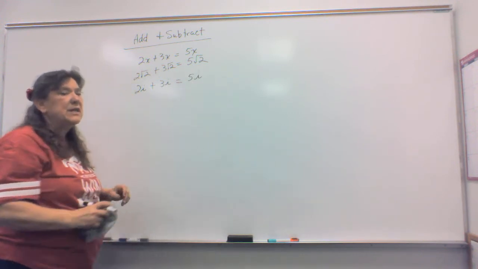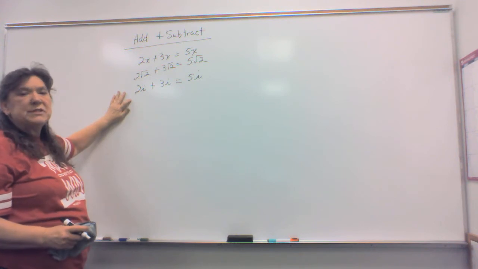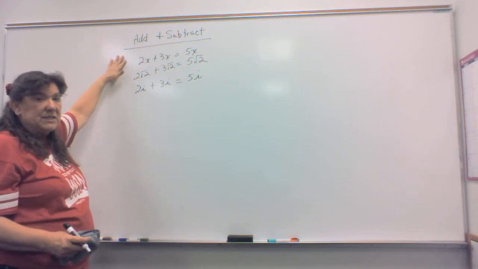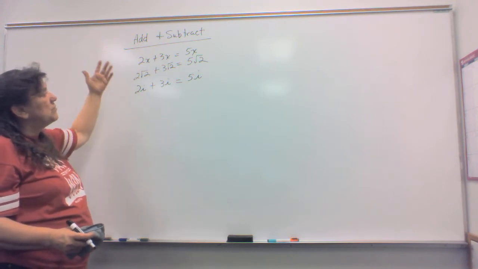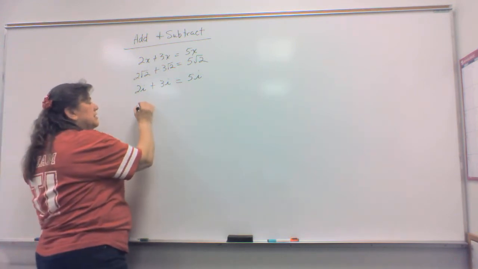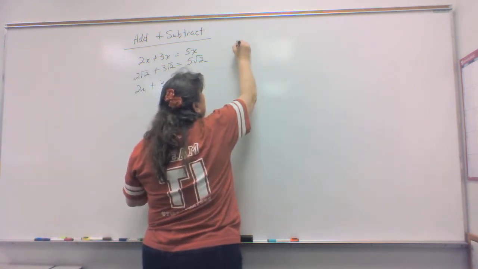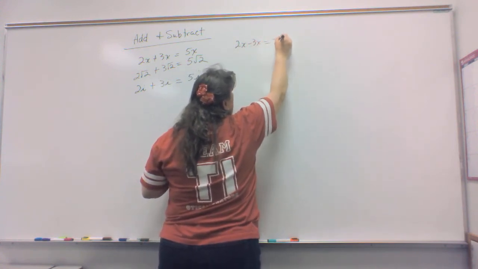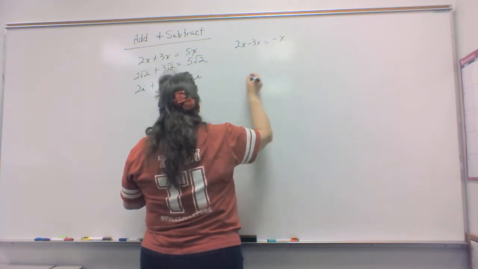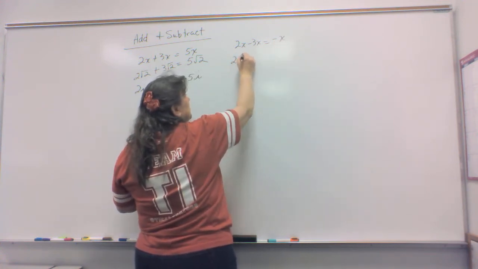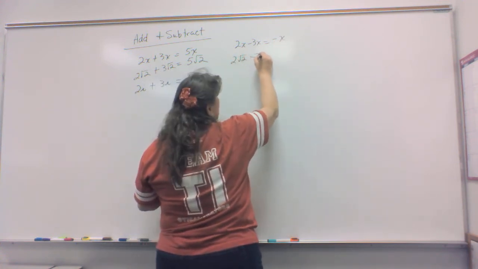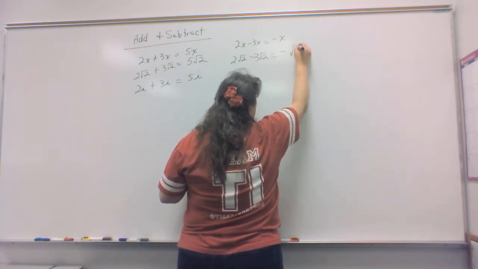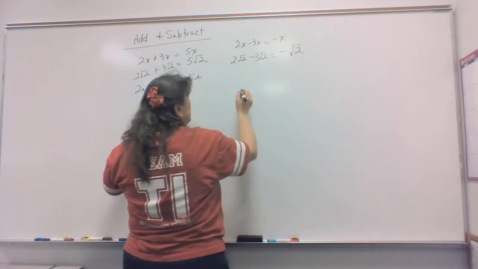So as you can see, we have all the same principles that are applied to our other systems that we have used. These same principles, adding and subtracting. Just like 2x minus 3x was equal to negative 1x or negative x, and 2 square root of 2 minus 3 square root of 2 was negative 1 square root of 2 or negative square root of 2.